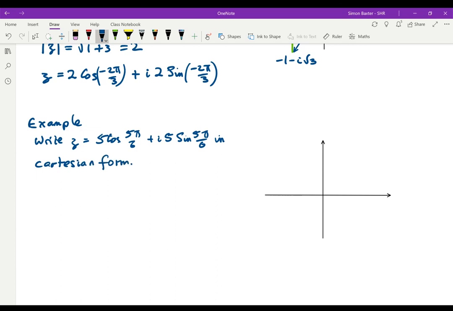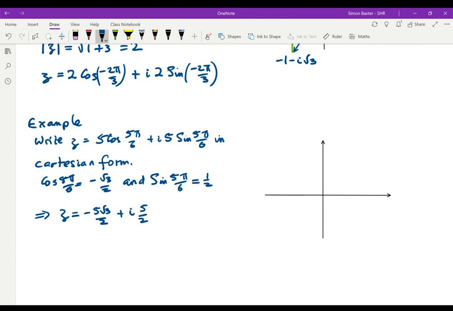Well, this is easy. All that we need is that cos 5 pi by 6 is equal to minus root 3 over 2, and sine 5 pi by 6 is equal to a half, and just plug it in and we get that z is equal to 5 times minus root 3 upon 2 plus i times 5 times a half. And that is the Cartesian form.